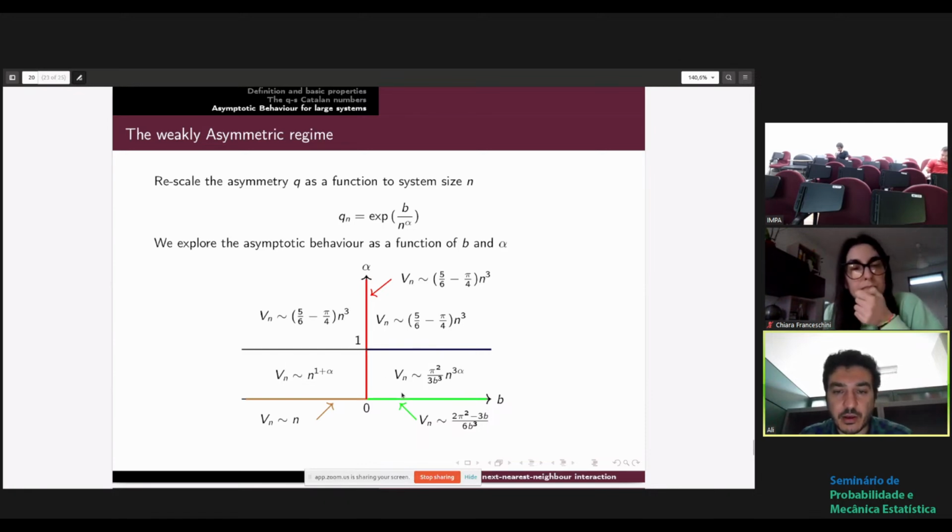In particular, the value alpha equals 1 seems to be an important value where the scaling of the asymptotics changes.